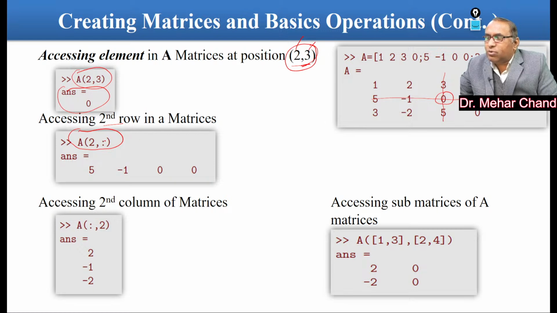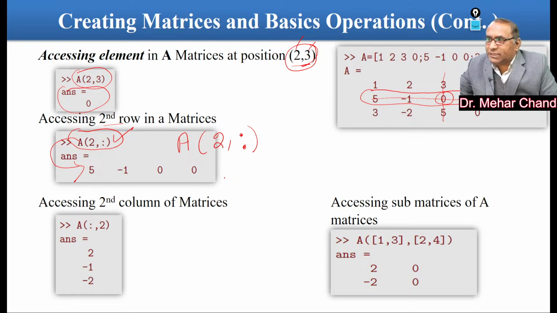When you use this colon, it means all the elements, whatever is in the row or the column. So when you execute this statement, this will return all the elements of the second row. You can see this is the second row. All the elements will be extracted by using this statement. This statement is A, 2, then colon.